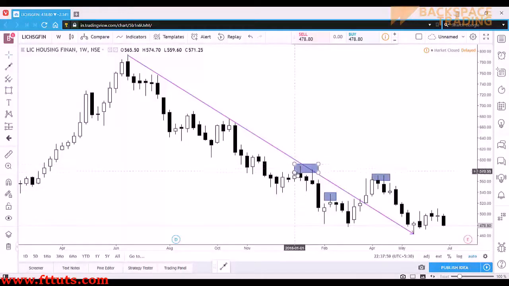This was a lower high, this was lower low, this was a lower high, this was a lower low, but this is actually higher high compared to this high, right? Do you agree to that? But compared to this high, see, this high is higher, this is lower.